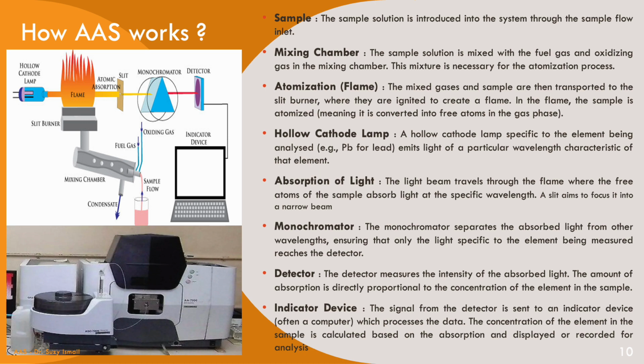The concentration of the element in the sample is calculated based on the absorption and displayed or recorded for analysis. So you'll find your results from the indicator device. This is a simple process of how your atomic absorption spectrophotometer works.